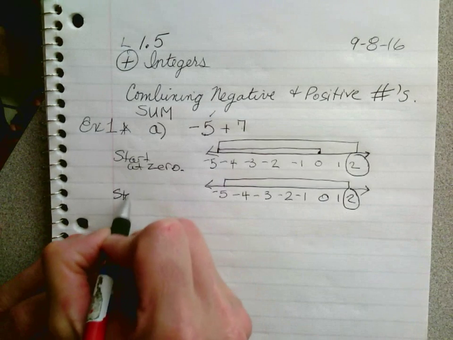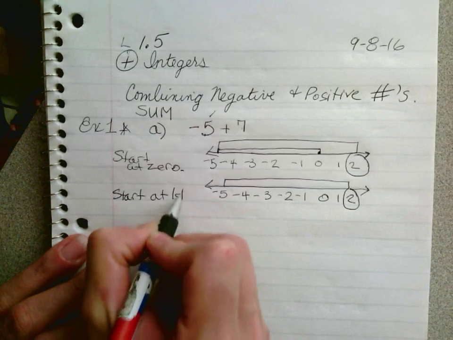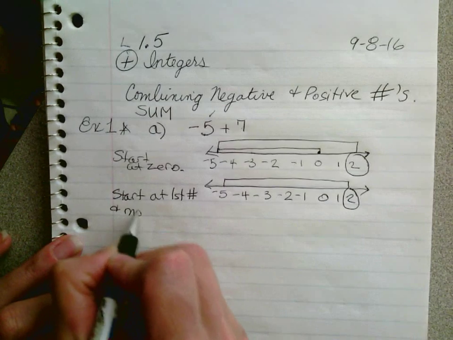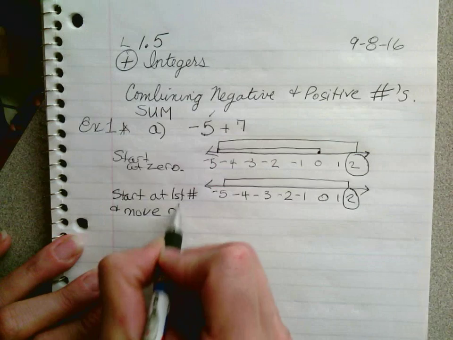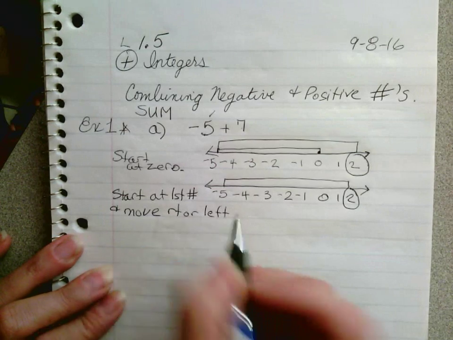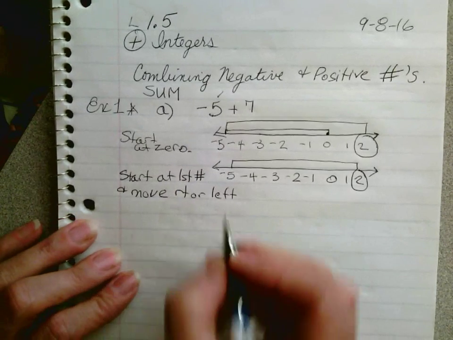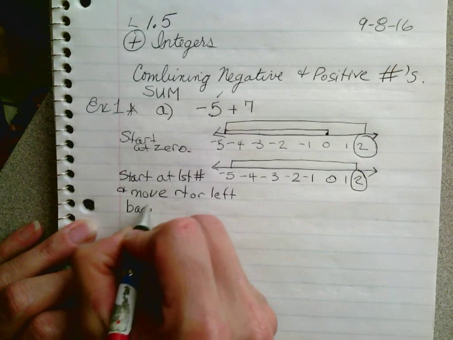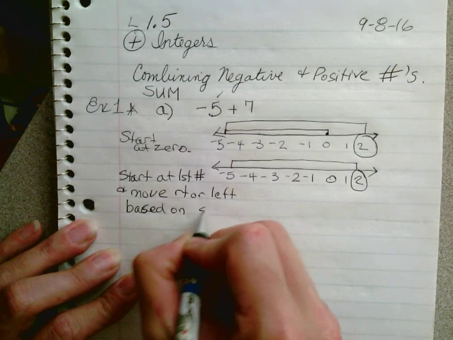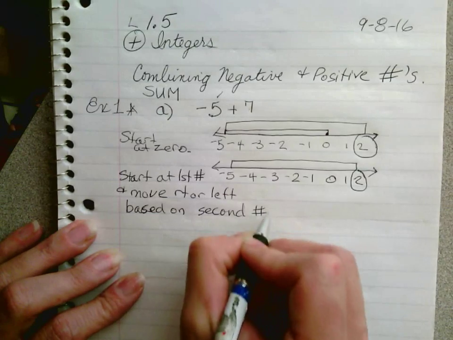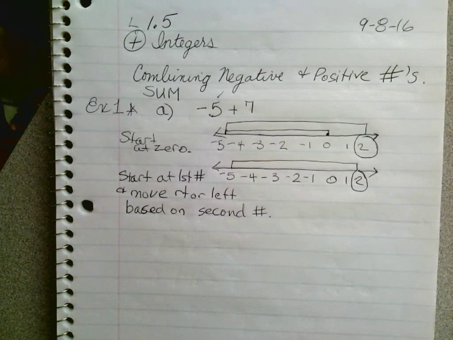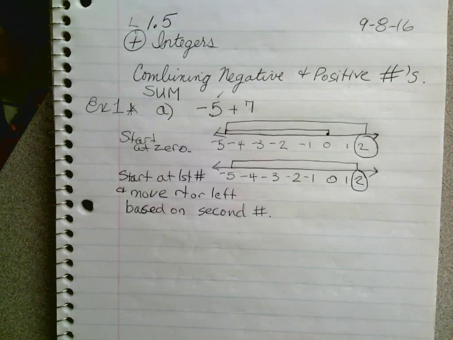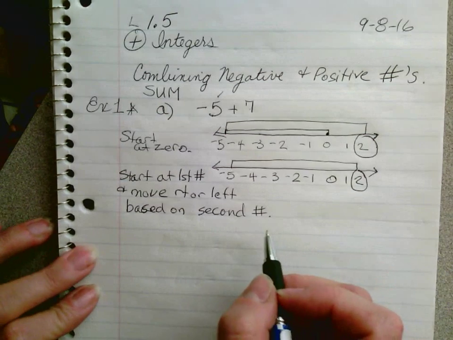So this is start at the first number and move right or left based on the second number. I know I'm going fast. I'm sorry about that. Okay, start at 0, go to the first number, and then respond with the second number. Next one, start at the first number, move right or left. All right, that's the first one.